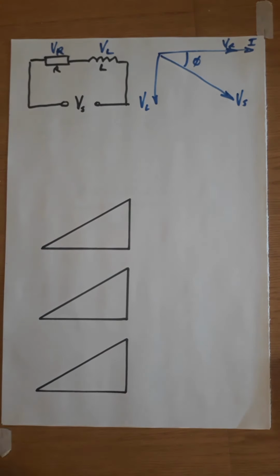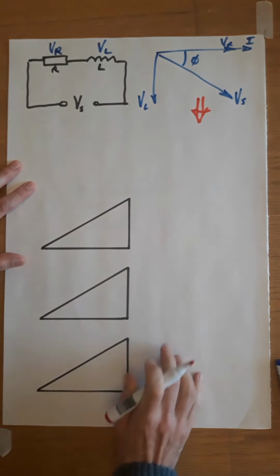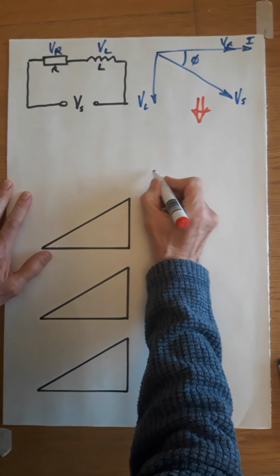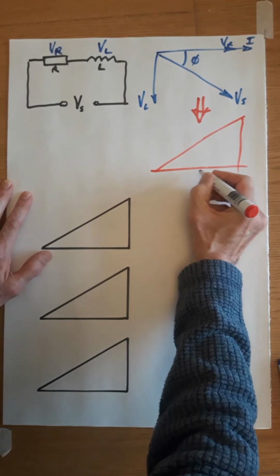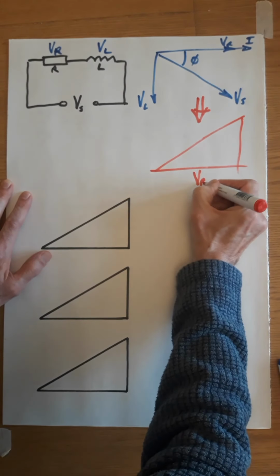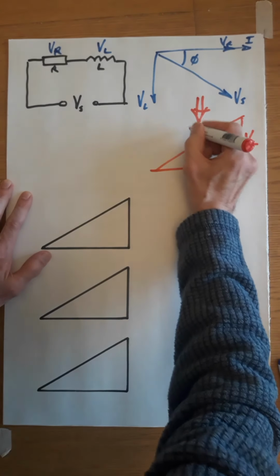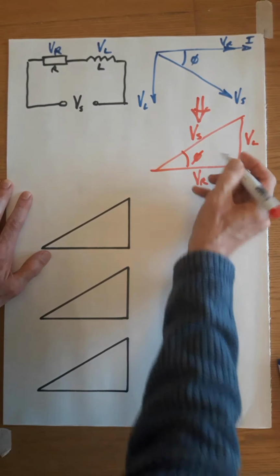I can take that and I can change that into a triangle. I'll draw it in this orientation. So our triangle is going to look like this, with the resistive element horizontal, VR. This side is VL and this is VS. Here is phi.